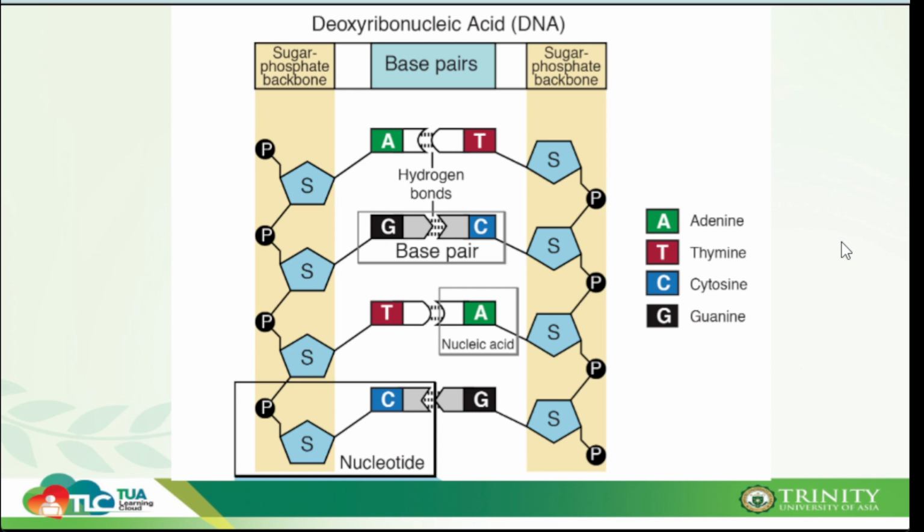And each strand, so this is one strand, di ba, and then yung anti-parallel strand niya nasa kabila. Each strand has the same basic structure: phosphate backbone, attached to a sugar by an ester bond, and then attached to a nitrogenous base by a glycosidic bond. And then, paano nagdidikit yung base pairs natin? Hydrogen bond.